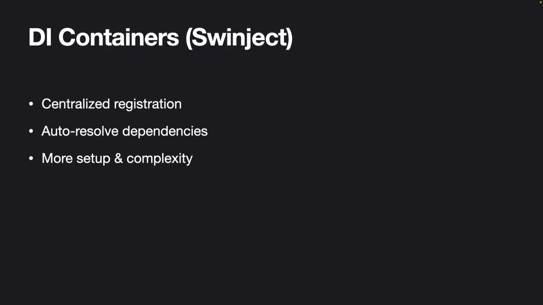Instead of manually wiring every dependency, you register all your types in a central container and resolve them when needed. It's powerful, but also adds complexity. I'd say stick with manual DI until your app starts getting large or you need to swap implementations dynamically. For most cases, passing dependencies directly gives you more control and makes your code easier to understand.